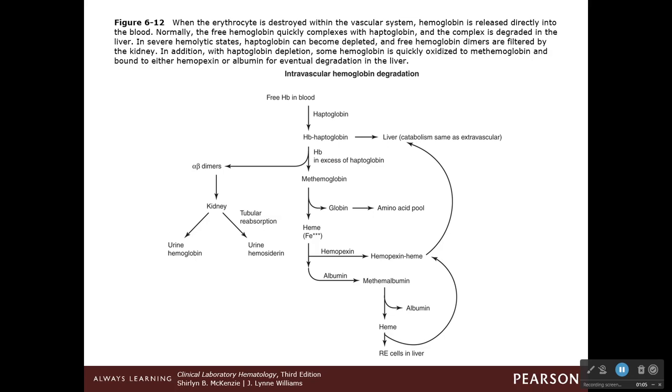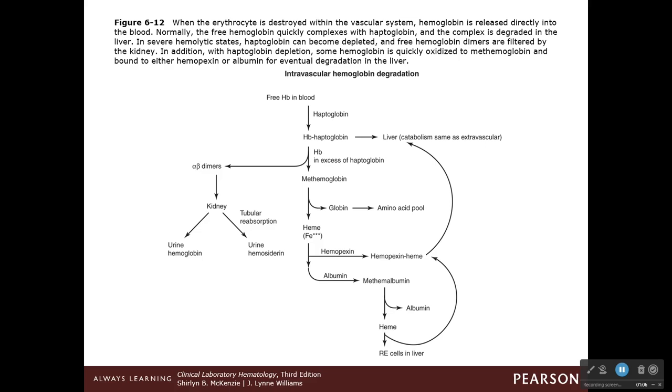All right. Problem is, this is a problem. We don't have a lot of haptoglobin. So if you have a patient that has severe intravascular hemolysis, say I gave them the wrong blood type, that's usually the number one thing, and they're having a transfusion reaction. Their body is popping all those cells so fast that haptoglobin can't hold on to it all.